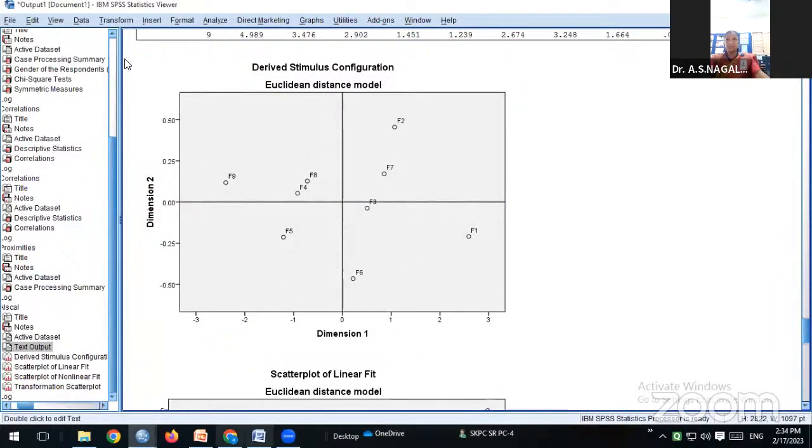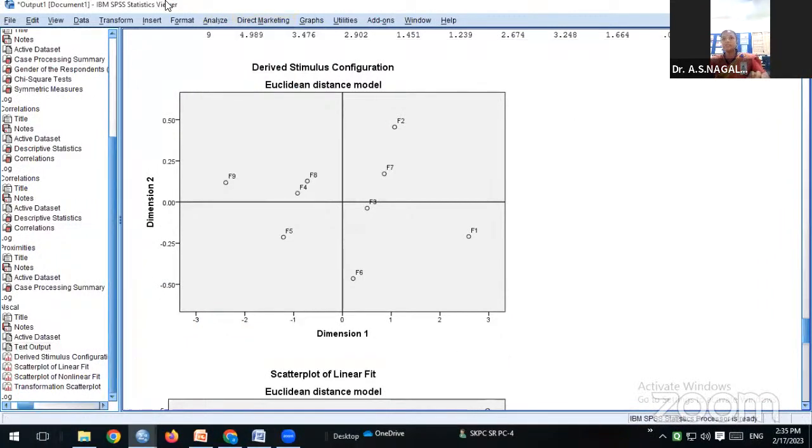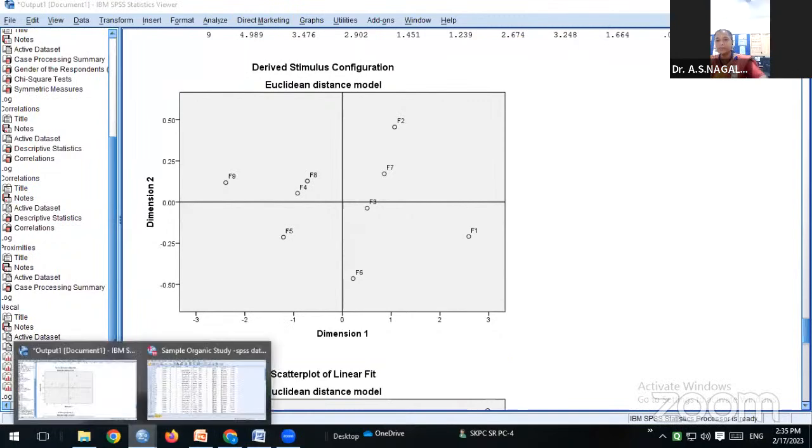According to my question, the factors whatever I have chosen, what are those factors? It's about price, health consciousness, environmental consciousness, and environmental upgradation. So these are the factors which are mapped here. If you know the value only, you can work on it. Once again, I'm going to this.